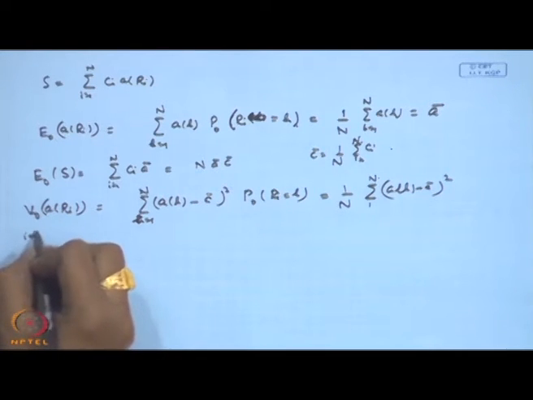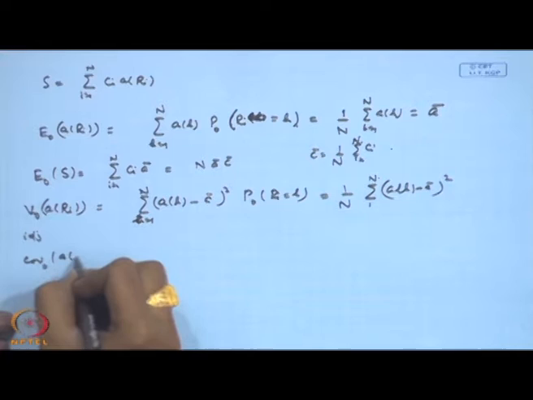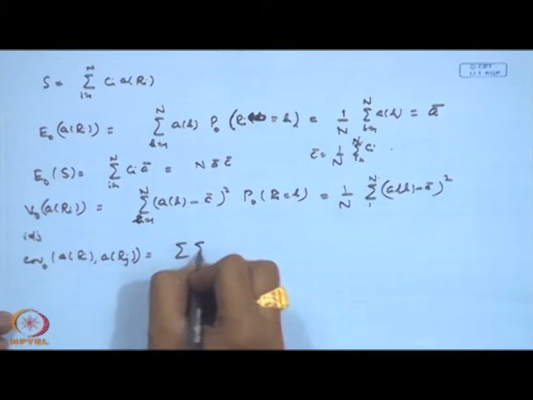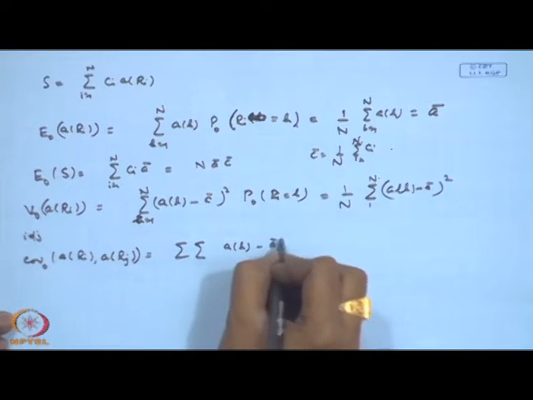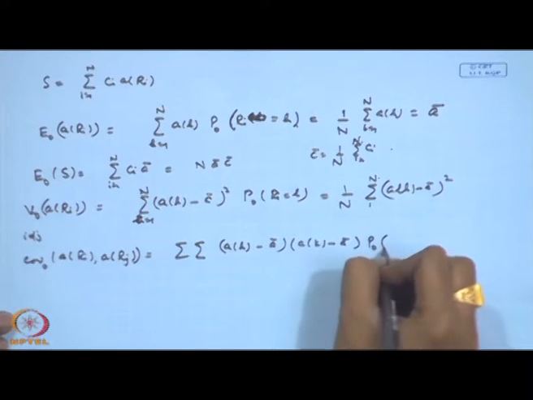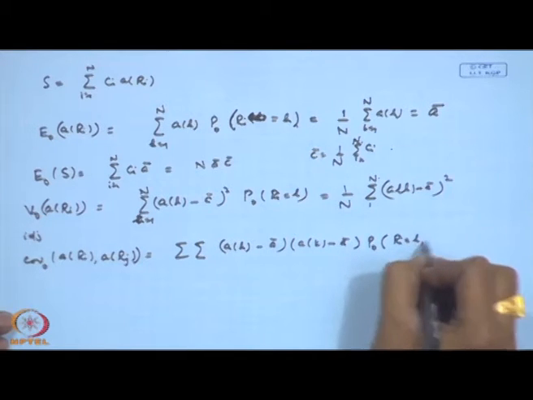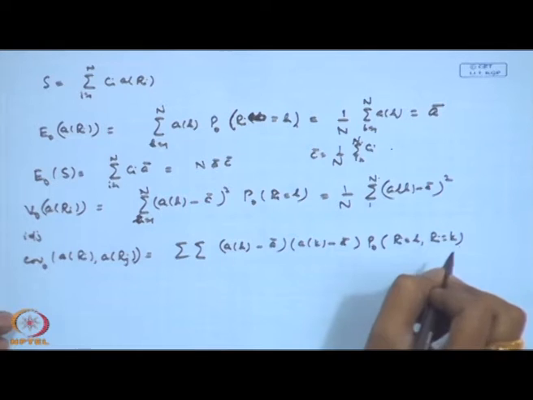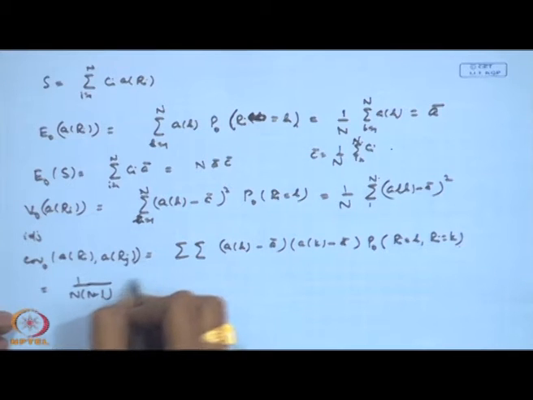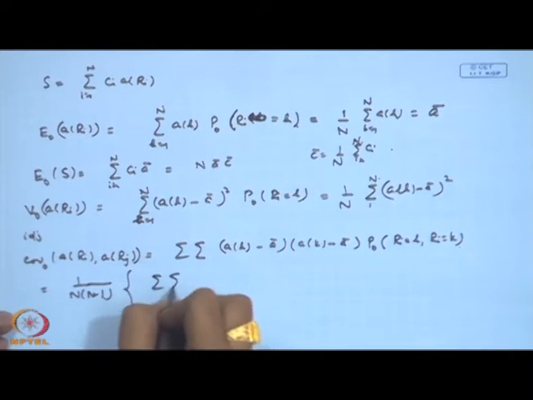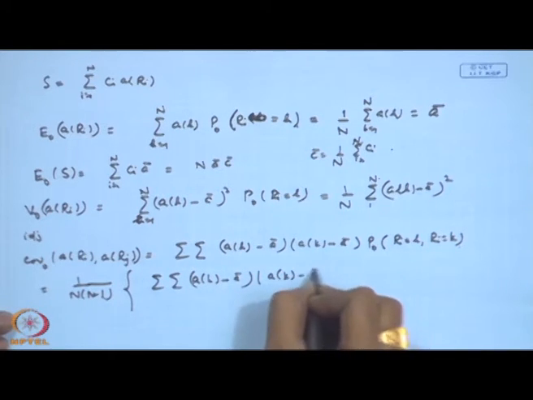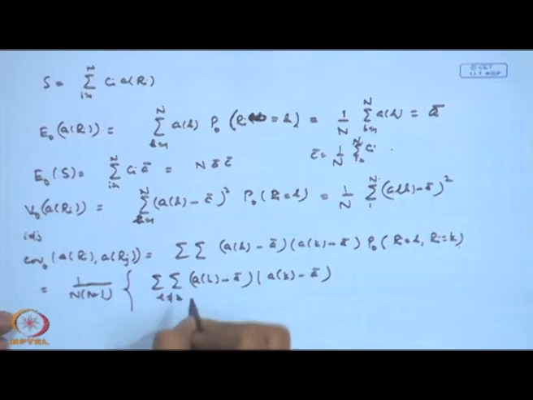For i not equal to j, let us consider the covariance between a(R_i) and a(R_j), that is equal to double summation (a(h) minus a bar)(a(k) minus a bar) probability of R_i is equal to h, R_j is equal to k, that is equal to 1 by n into (n minus 1) times the double sum of (a(h) minus a bar)(a(k) minus a bar), h not equal to k.